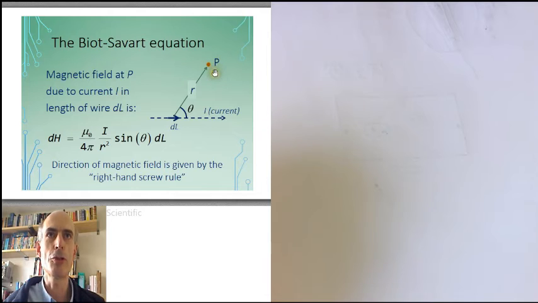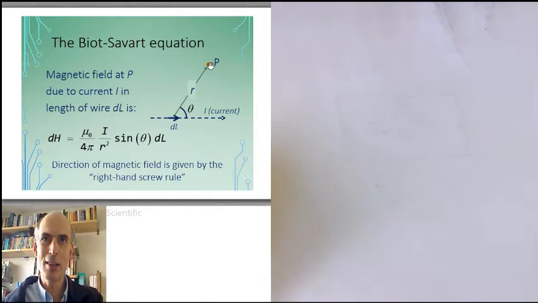This gives you the contribution to the magnetic field at P from a small length of current flowing in a wire here, a distance r away from P, and the direction of the current subtending an angle theta at P. The direction of the field is perpendicular to the plane containing both the wire along which the current is flowing and the point P. So in this 2-dimensional drawing here, the magnetic field is either coming straight out of the paper or going straight into the paper.